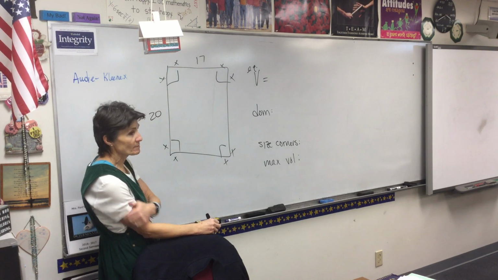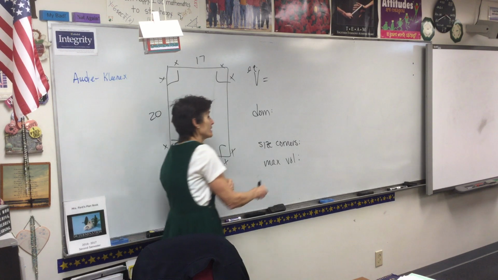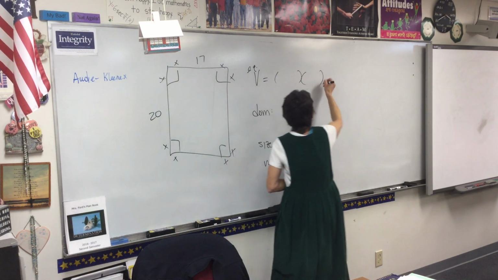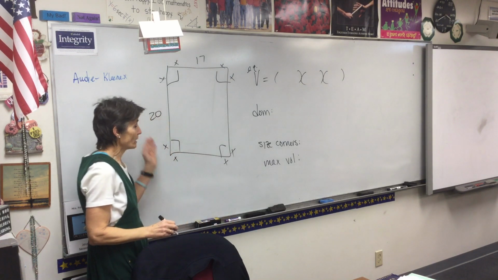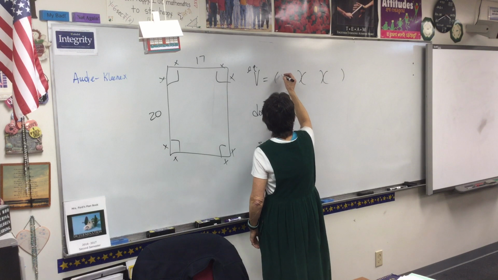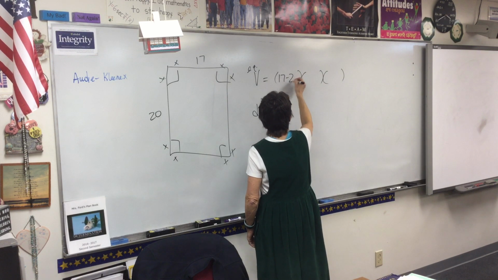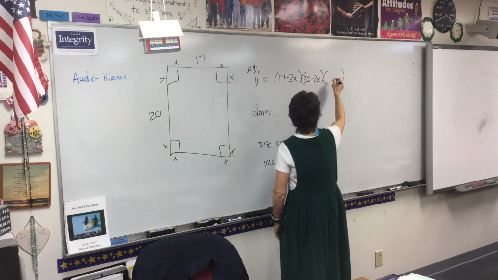All right, so here comes our equation. Remember the equation for volume is length times width times height. So what is it going to be if the paper is 20 by 17? It's (17 minus 2x)(20 minus 2x)(x).